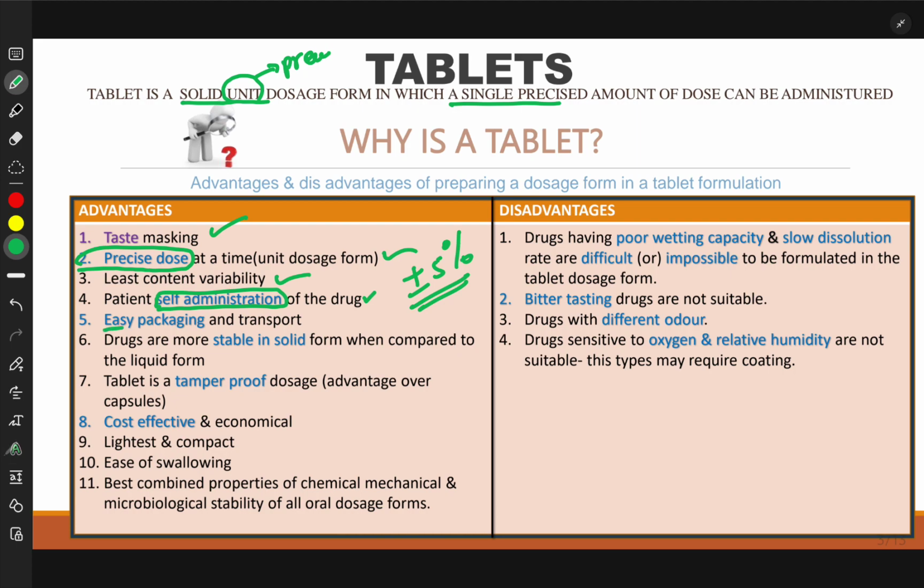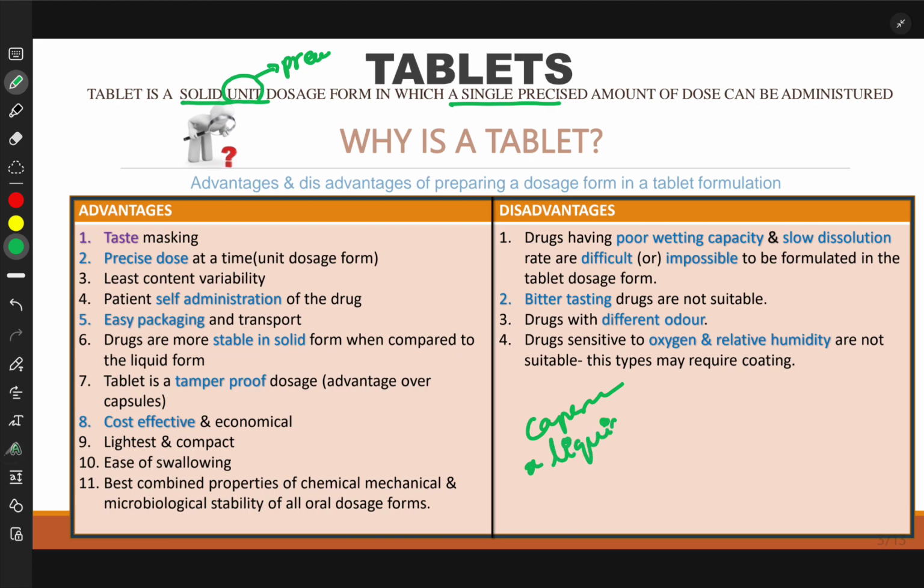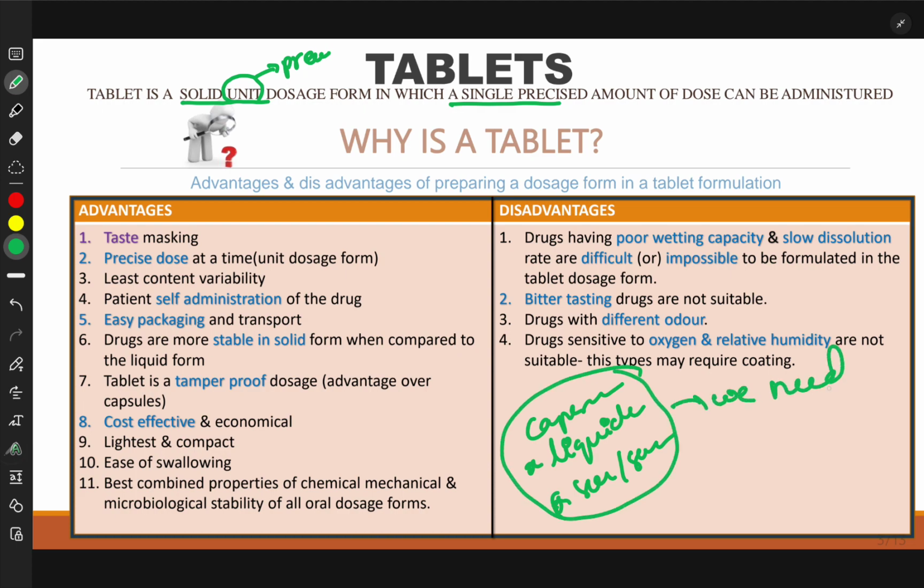Easy packaging and transport. It is one of the most important advantages for the tablets. When you take capsules or liquids or some semi-solids or gases, for their transport we need some sophisticated packaging techniques. Like when you transport liquids, we need bottles.